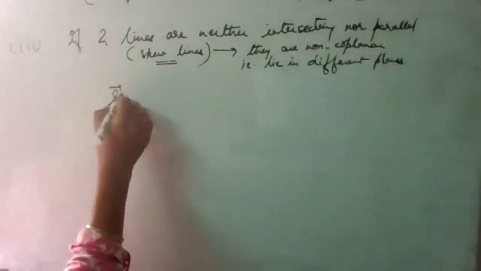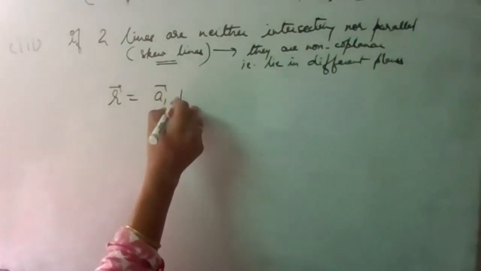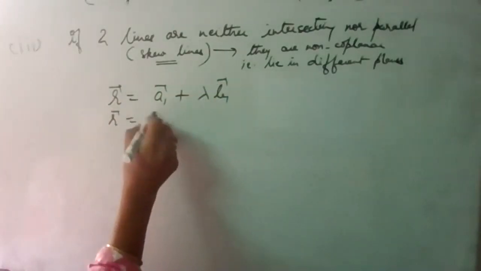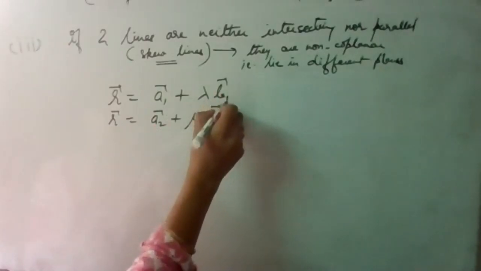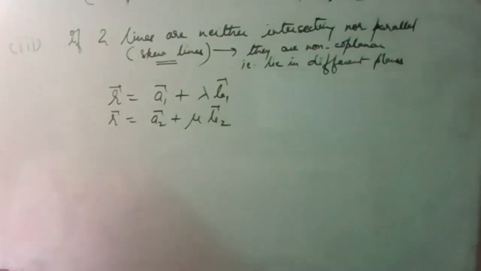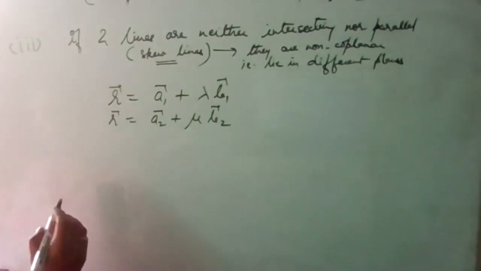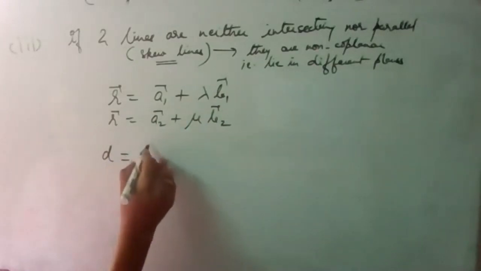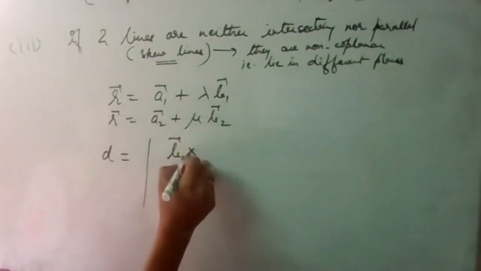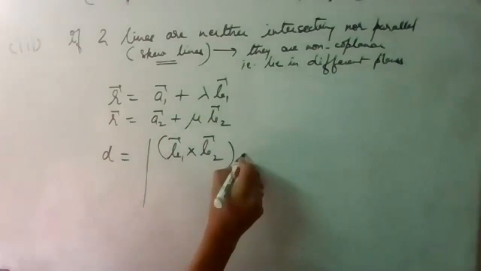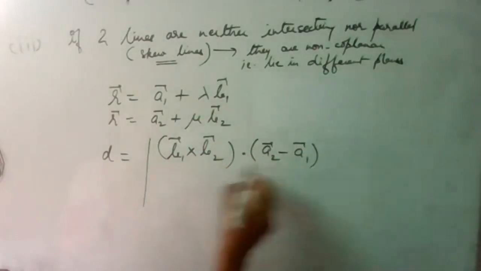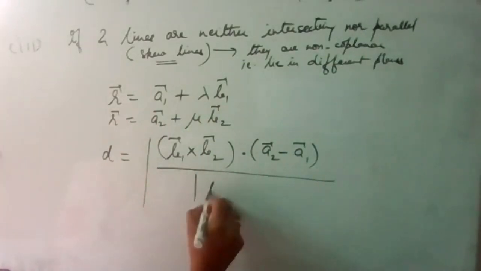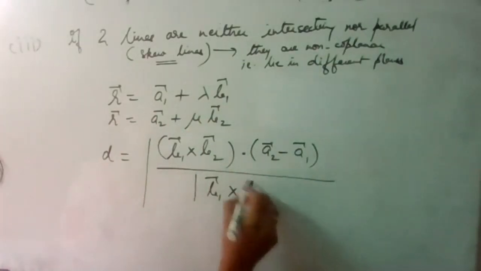They lie in different planes, that means r vector equal to a1 plus lambda b1 and r vector equal to a2 plus mu b2. Both the cases will be different. They'll pass through different points, they'll be parallel to different vectors. Then the shortest distance between them is given as B1 cross B2 dot A2 minus A1 upon magnitude of B1 cross B2.